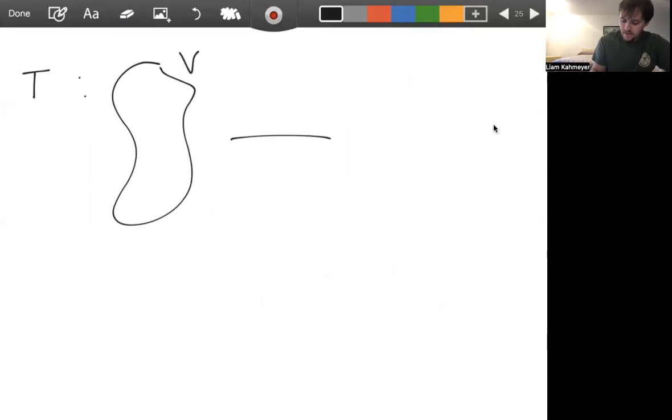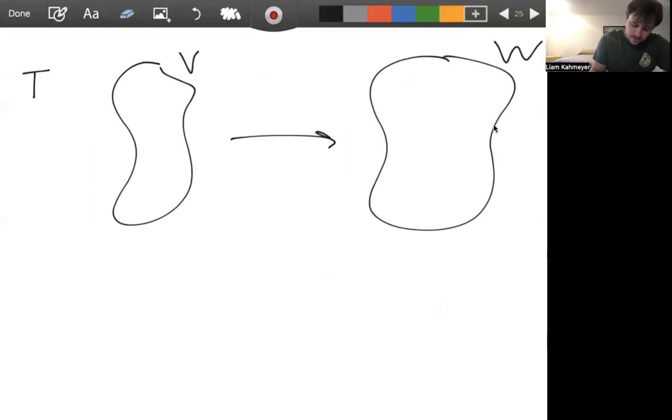So what does this mean, right? This means a bijection T, and say this goes from V to W here. Right, this map of vector spaces. It's 1-to-1 and onto.